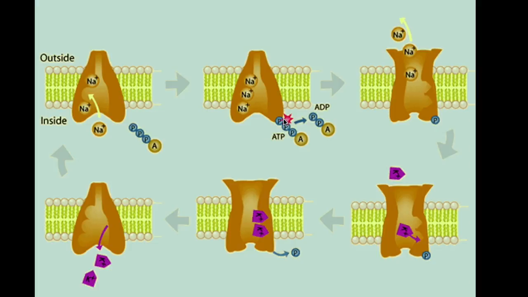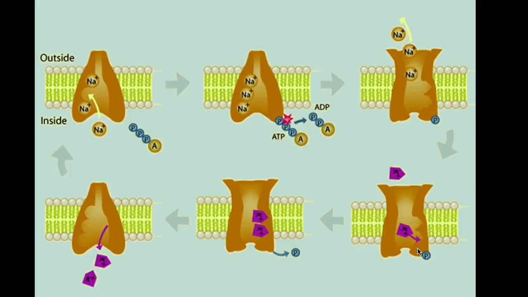Because of this action, so long as we have 3 sodium ions that are inside the pump here, the pump will then change its shape. The shape will allow for the 3 sodium ions to be released into the outside of the cell, and it will be left open so that we have potassium ions that will embed into the sodium potassium pump here.